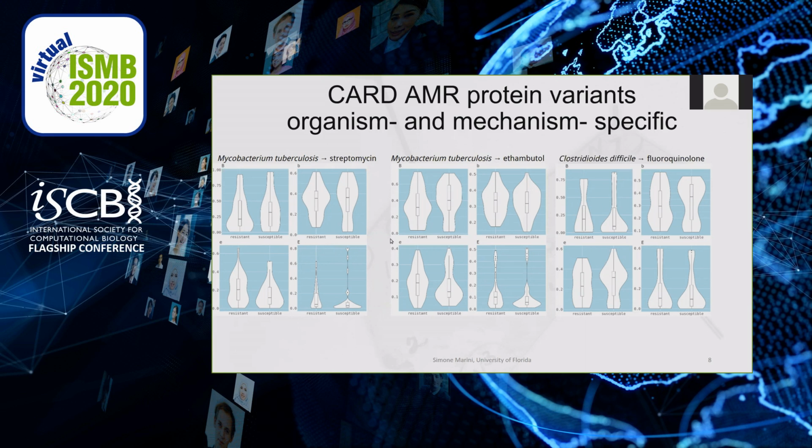Interestingly, for the organism Clostridioides difficile and the resistance to fluoroquinolone, we have a different score distribution. We see that susceptible variants tend to have a higher score for the somewhat exposed class, and the resistant variants tend to have a higher score for the very buried class.